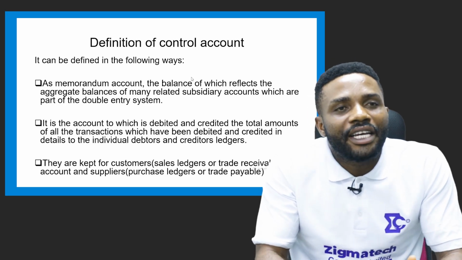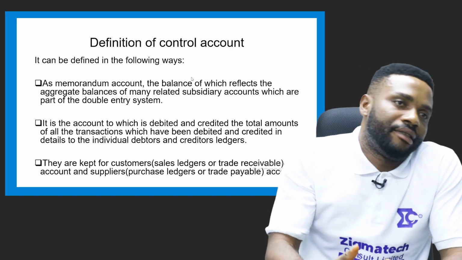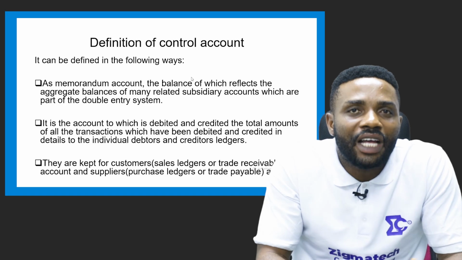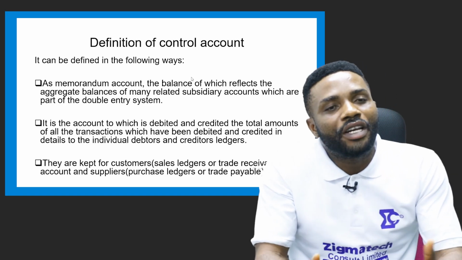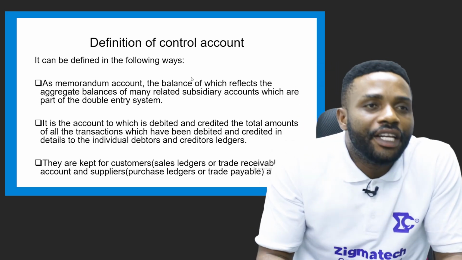And then, who is a creditor? A creditor is a person that the business is owing. Every business must have one or two persons that are owing the business, and at the same time, the business can also find itself owing outsiders.